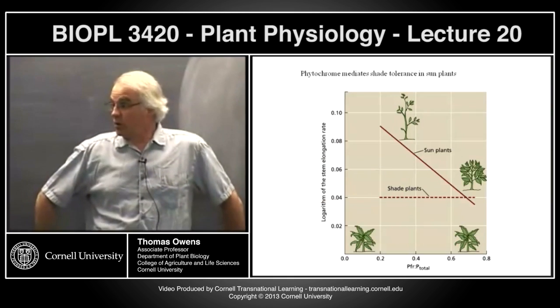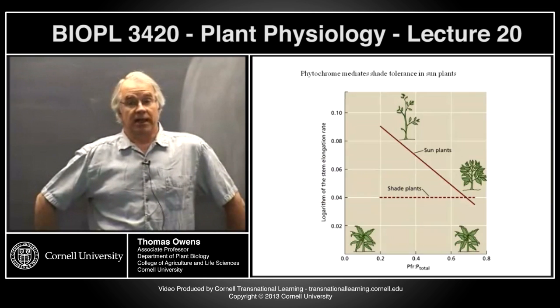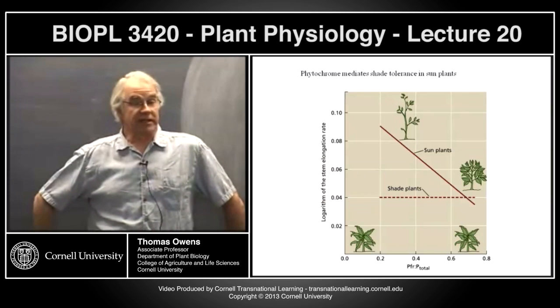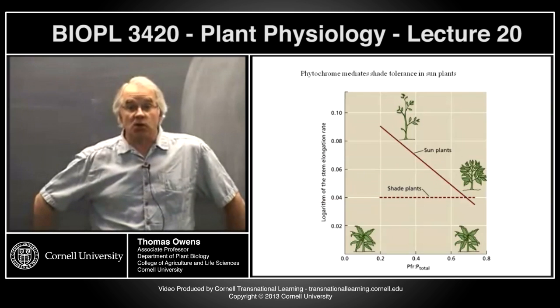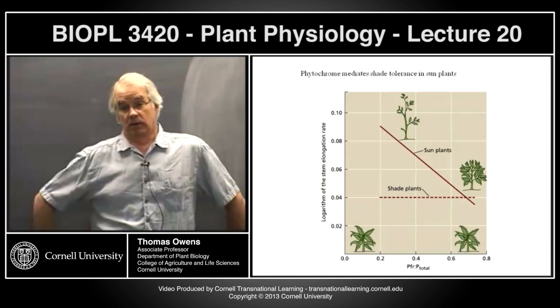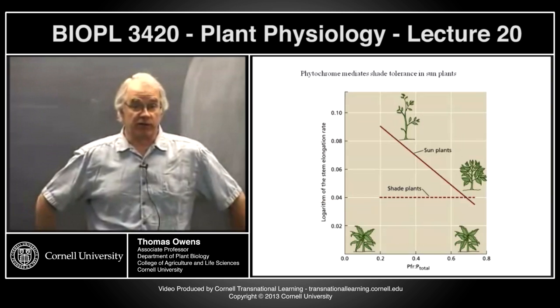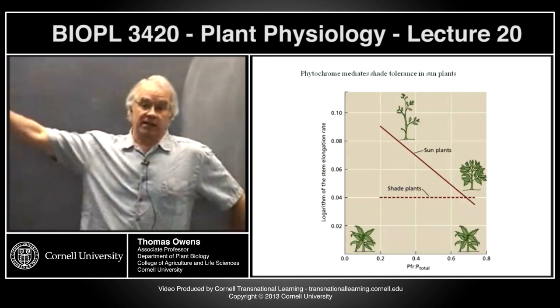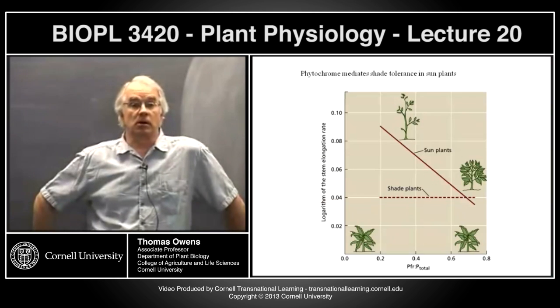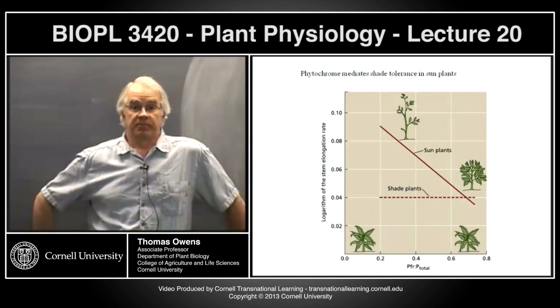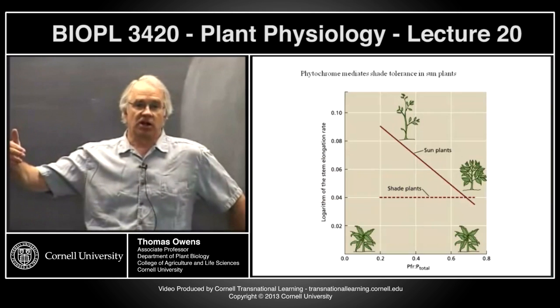It's going to decrease as one goes to shadier environments. So this is the one example of where the red, far red reversibility of Phytochrome plays a really important physiological, ecological role. So let's step back to finish this off.